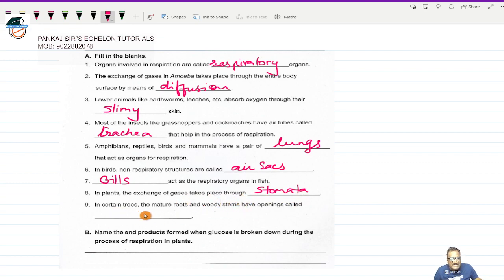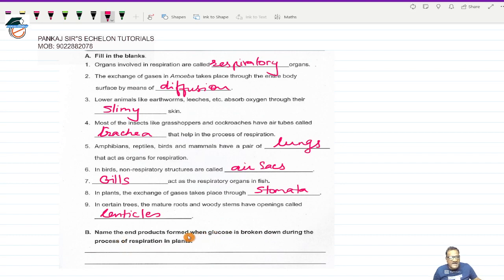In certain trees, the mature roots and the woody stems have openings called lenticels. In the stem and the roots, the openings are known as lenticels, but in the leaf, they are known as stomata.